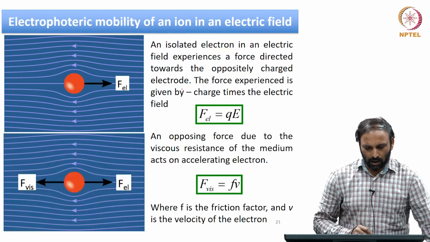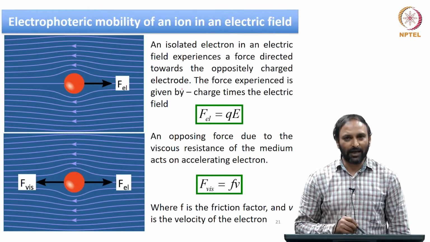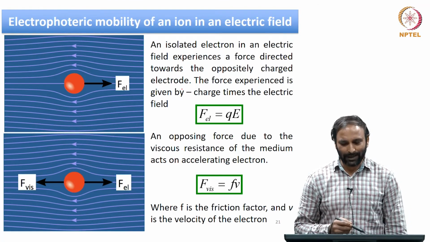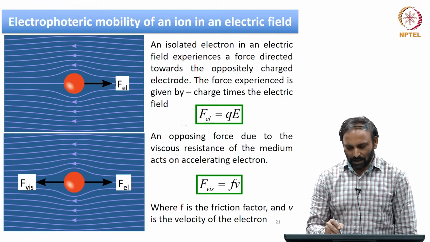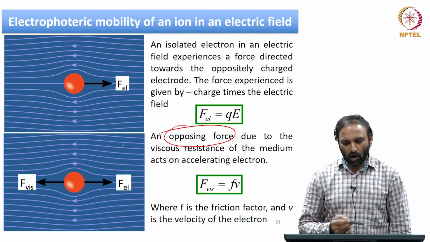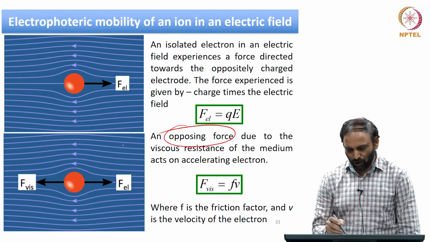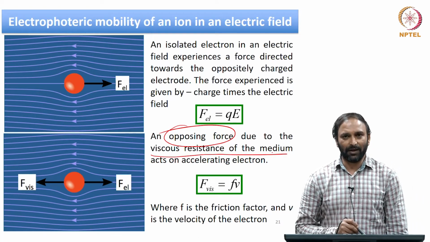And so, whenever you have a motion of any particulate matter or any ion in a fluid, we know that there are going to be some opposing forces, and these opposing forces arise because we have what is called a viscous resistance in the medium.